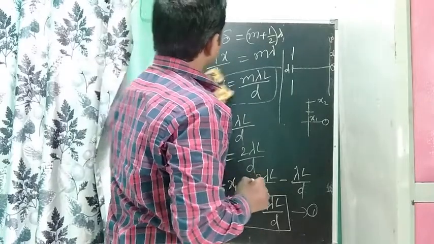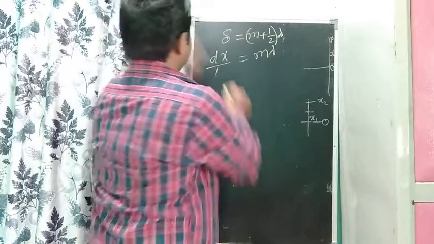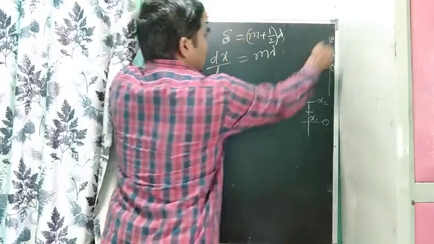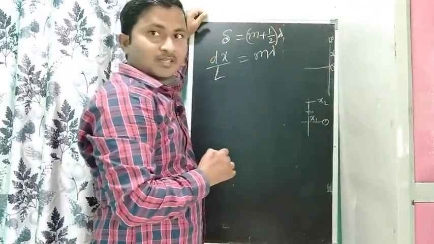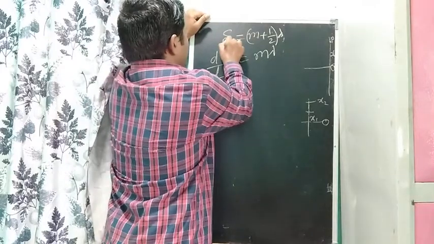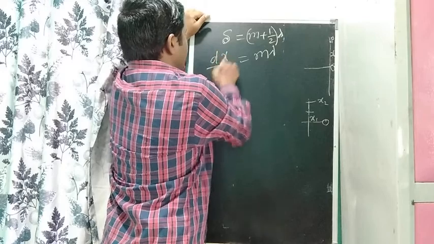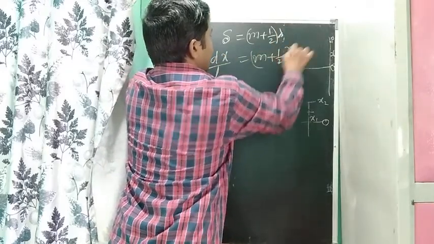We know that whenever the path difference between the two light waves reaching a point is equal to m plus 1 by 2 into lambda, we get a dark fringe. From this, path difference delta equal to dx by L equals m plus 1 by 2 into lambda.